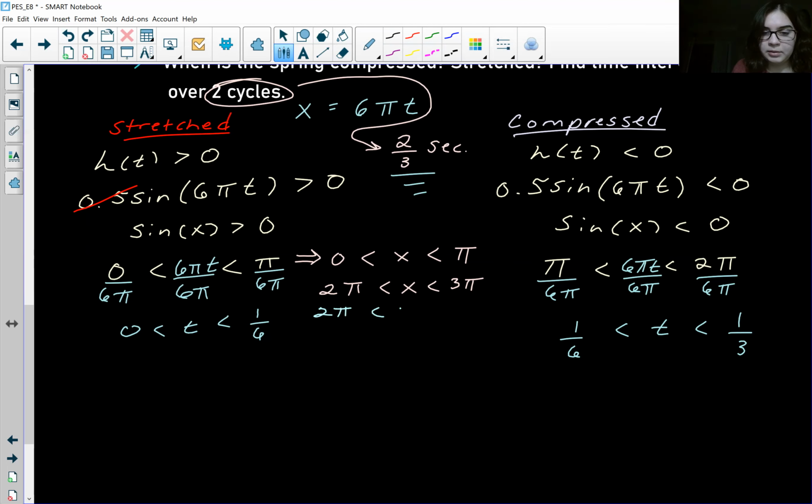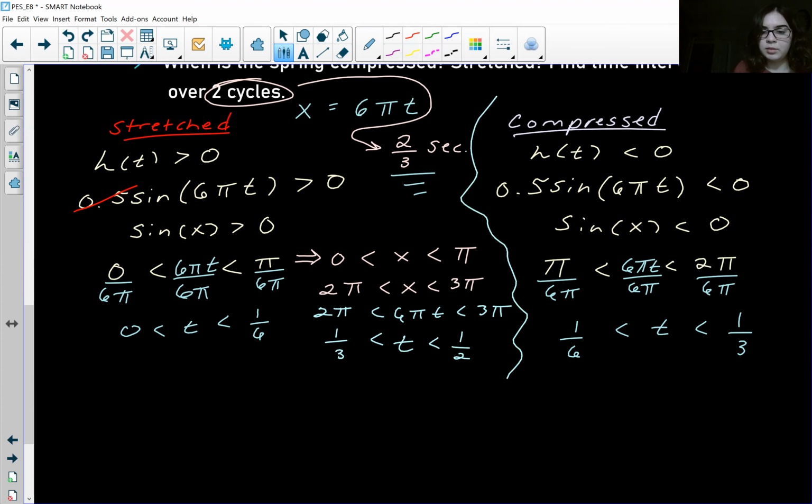So 2 pi, 6 pi t, 3 pi. Divide everything. t is going to be in between 1/3 and 1/2. So let me keep this separated.